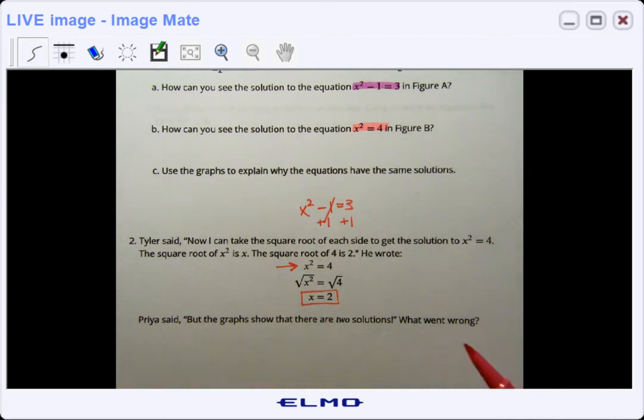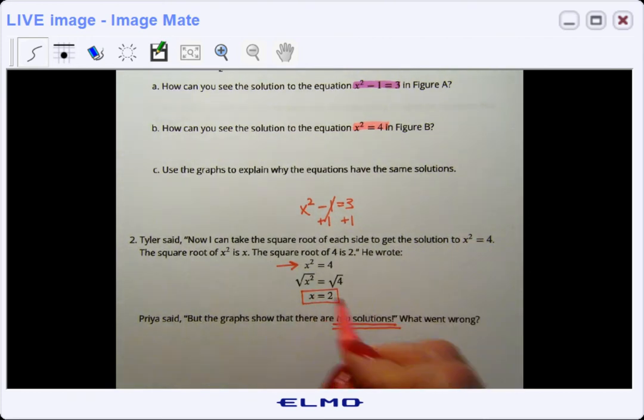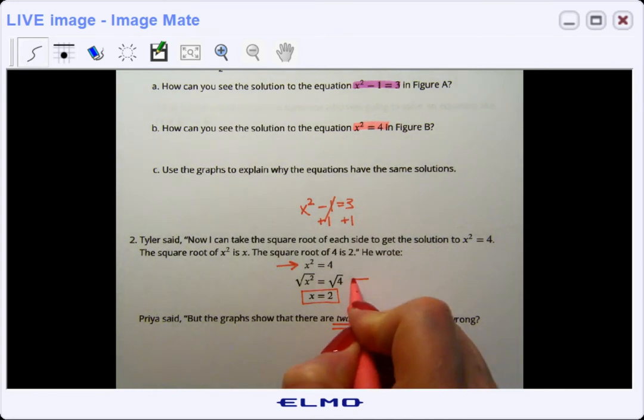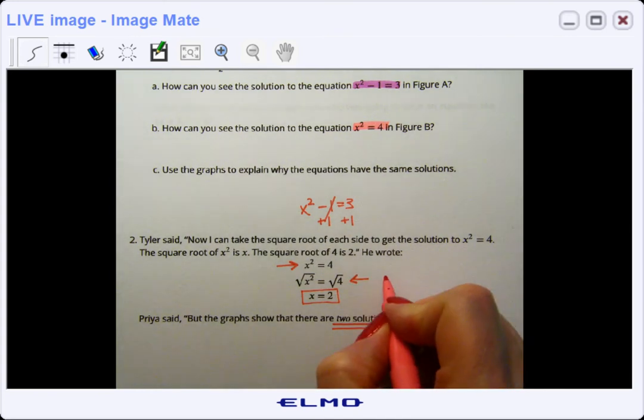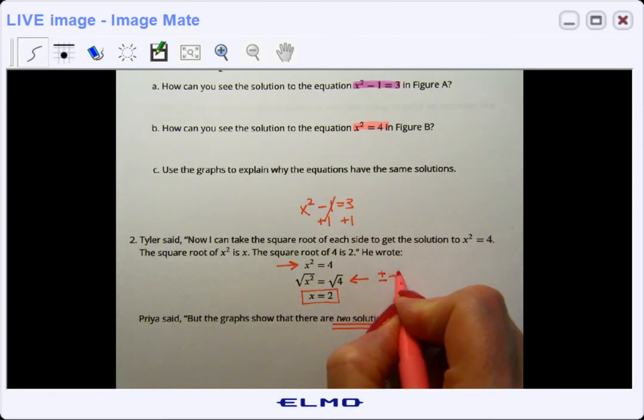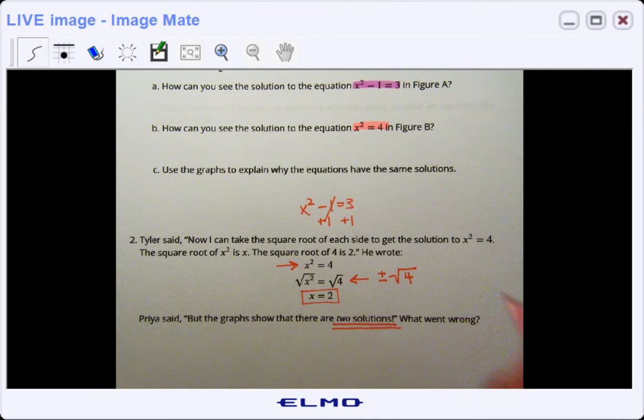And then Priya says, but the graphs show there are two solutions. So what went wrong? What went wrong is at this step, he needs to address the positive and negative square root of 4.